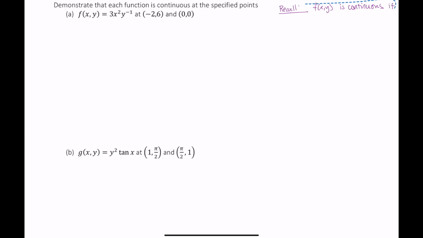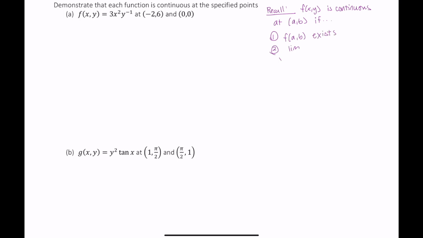This is continuous at the point A comma B if, my first condition, f of A comma B exists.